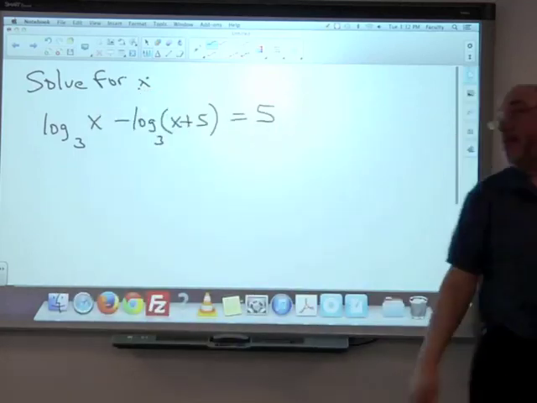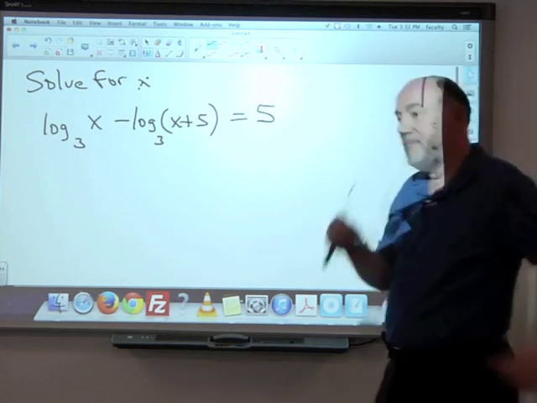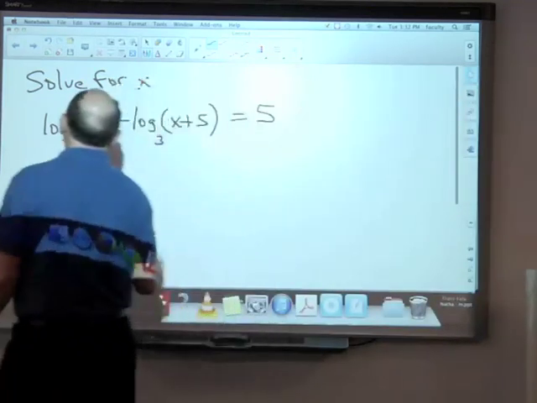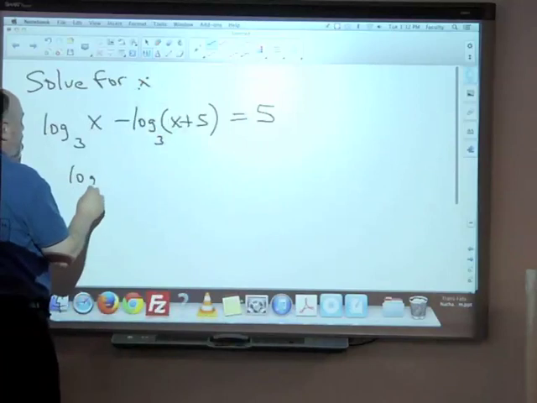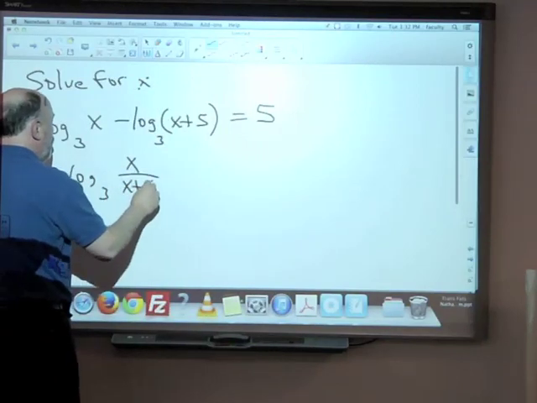Log base 3 of x minus the log base 3 of x plus 5 is going to equal 5. So first off, I can write it as a single logarithm on this side. This will be the log base 3 of x over x plus 5.